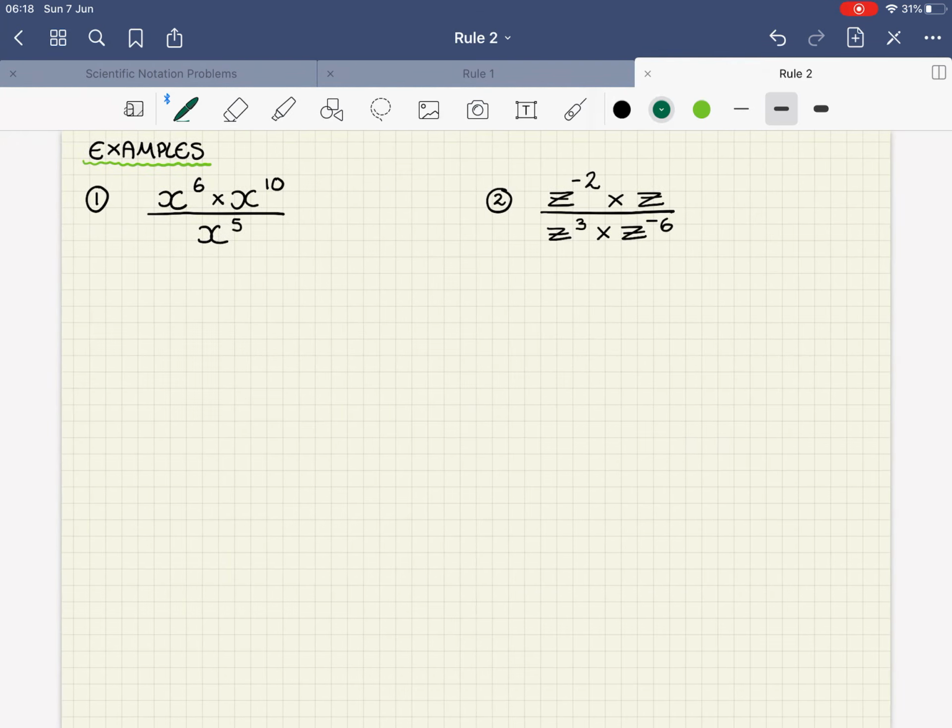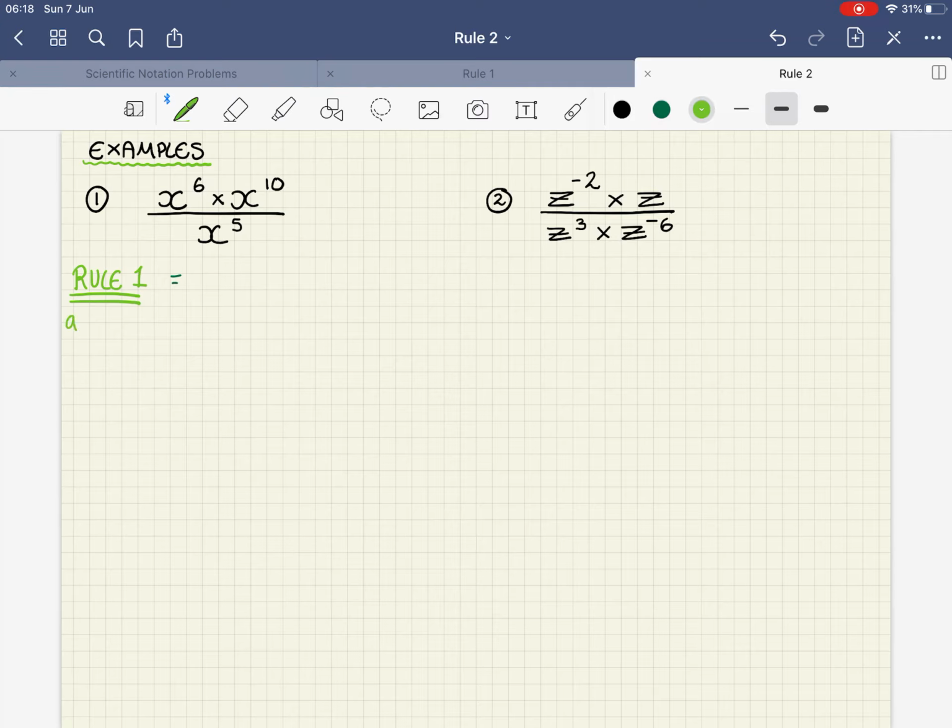Okay, so in this one here, we've got a little bit more going on in our fraction. The key thing right now is this top part here for us in this question. We can't do our rule 2 until that top bit is neatened up. So to start off with, we're going to use our rule 1. And maybe when you do go onto these combining questions, write what rule you are using at each step.